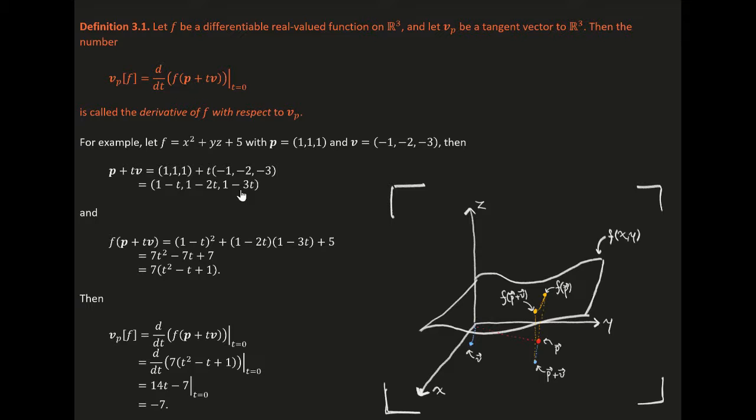Let's use the figure just to follow along. We will consider p and v as points in the xy plane, just for visualization, although these are in 3 coordinates. The line p plus tv contains all the points which start at p and then continue for some distance in the direction of v.